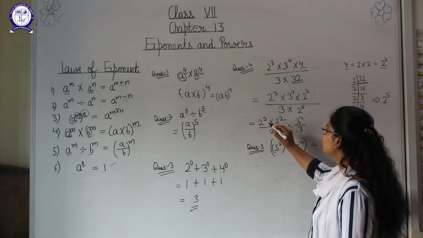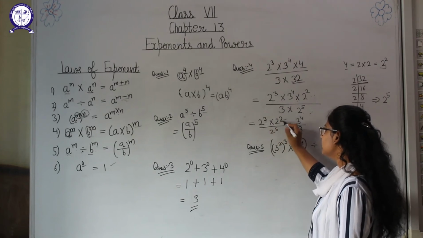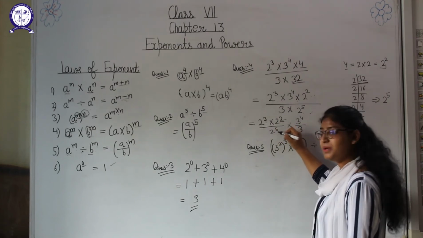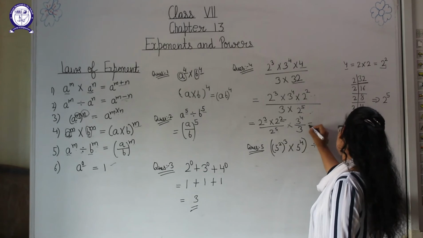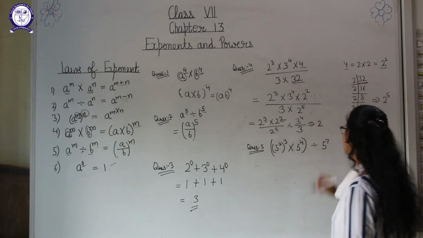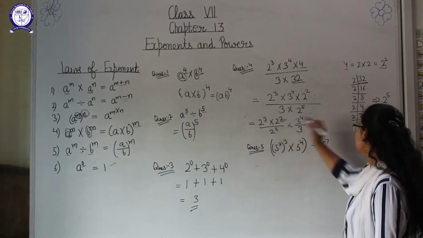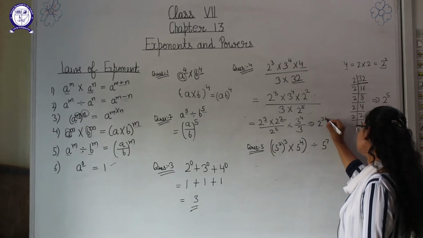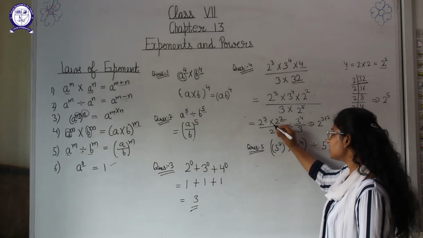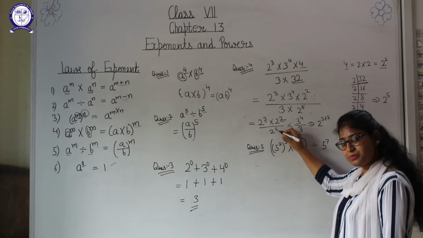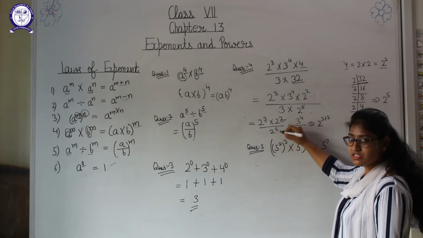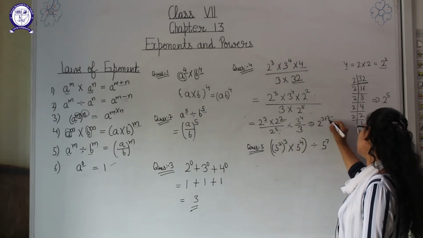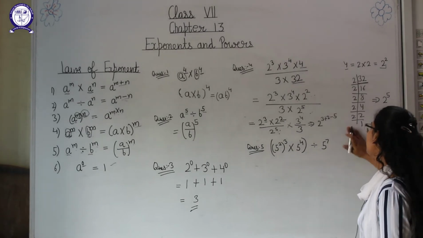Now what will we do? The powers in multiplication will be added and in division will be subtracted. So here the base is 2. Okay, and 3 and 2 will be added, 3 plus 2, because these two are in multiplication, and this 5 will be subtracted because it is in division. Okay, so it will be 3 plus 2 minus 5.